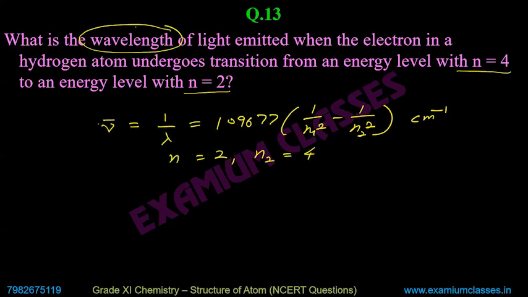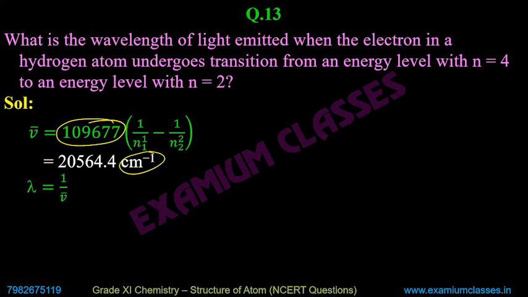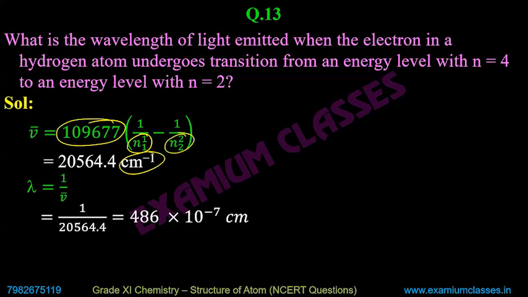If you are using per meter, you will change this to 1.097 into 10 to the power 7, and then you will substitute the values. Here I have not written, that's why I have explained. N1 will always be less than N2 in case of the wave number formula.